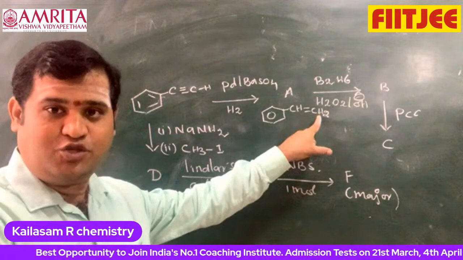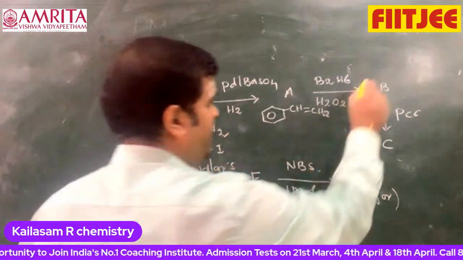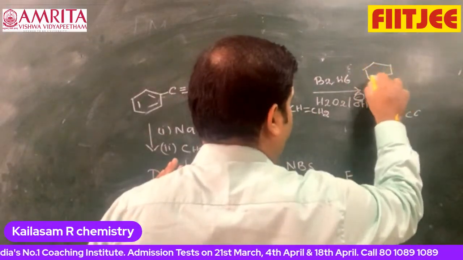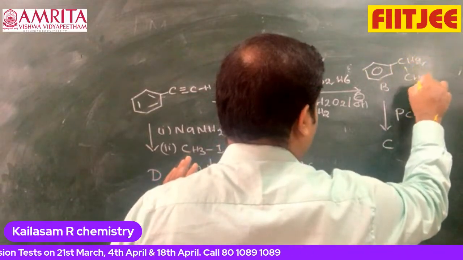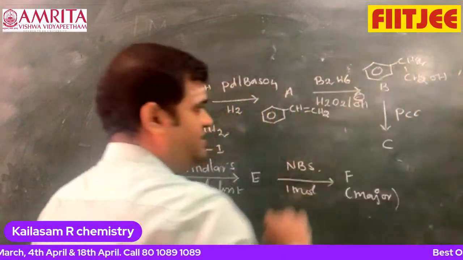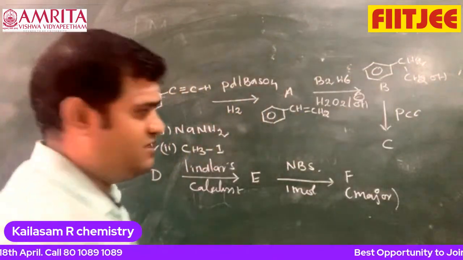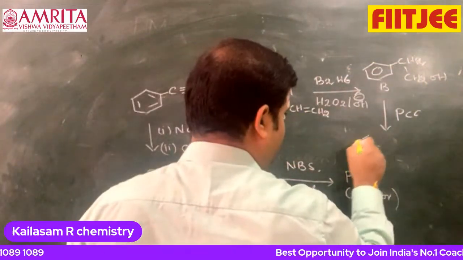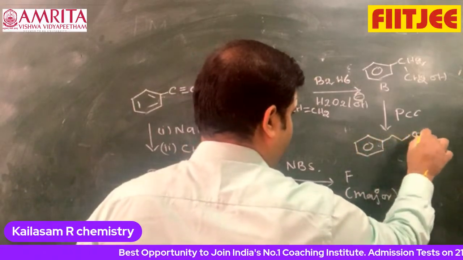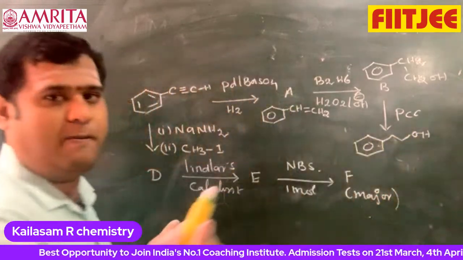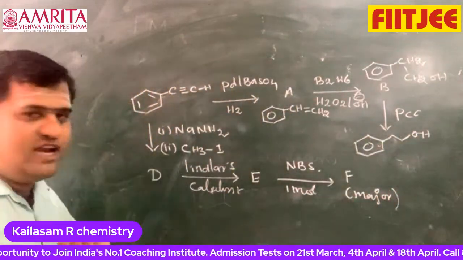Therefore this becomes CH2OH, where H is going to come. I'm going to get phenyl ethanol, CH2, CH2OH. What is PCC? Pyridinium chlorochromate. I'll be getting the aldehyde. That's all.